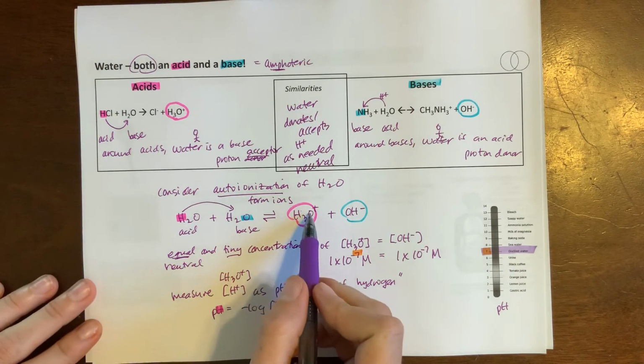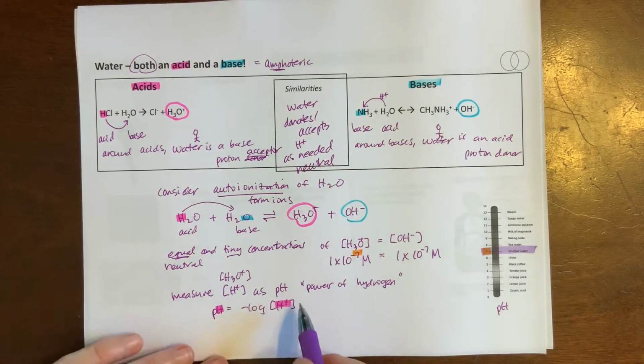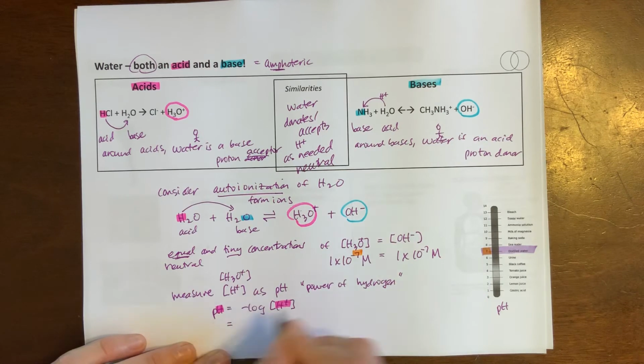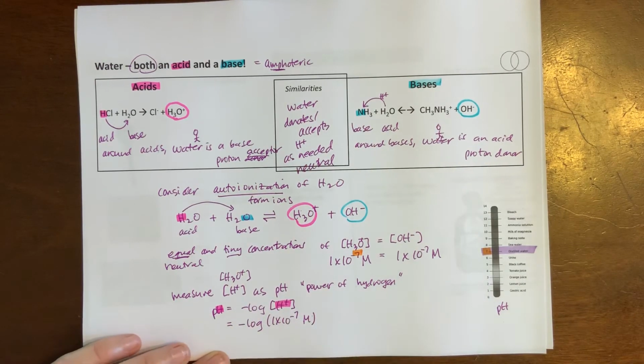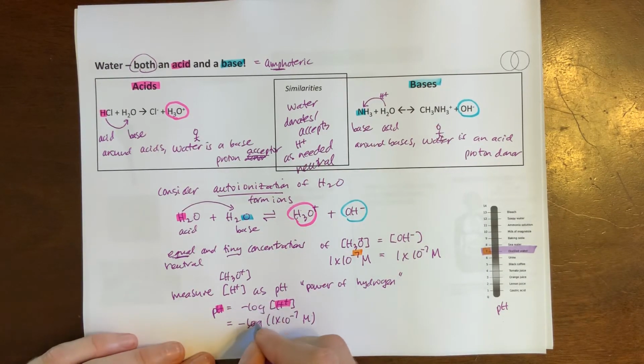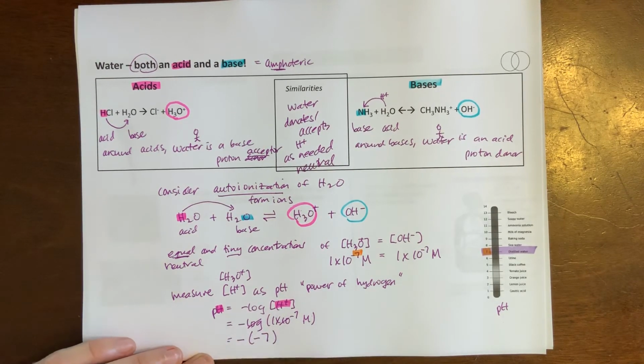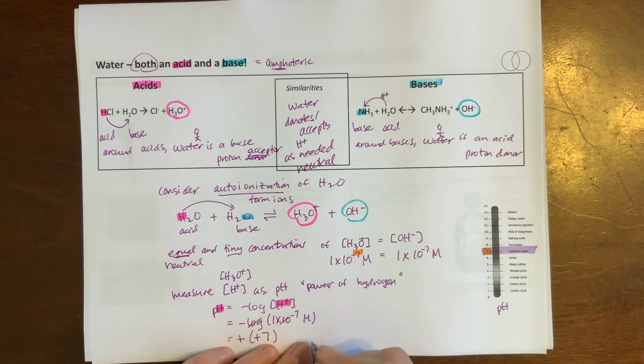And we're looking here, right, at the power of hydrogen, and here's that hydrogen concentration. Matches up with this proton concentration here. If I know the concentration here of my hydronium in water, this would be the -log of 1 × 10⁻⁷ molarity. Remember that a log and a 10 raised up to a power, those are inverse operations, so they cancel each other out. So all I'm left with is negative times -7. Opposite charges multiply and become positive. And so from that, I get, all on paper here, my pH is 7.